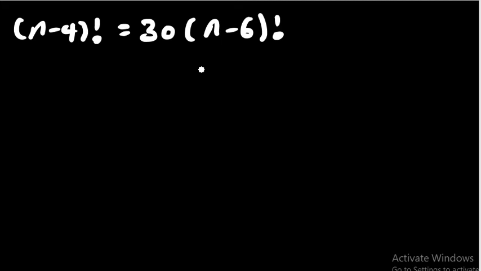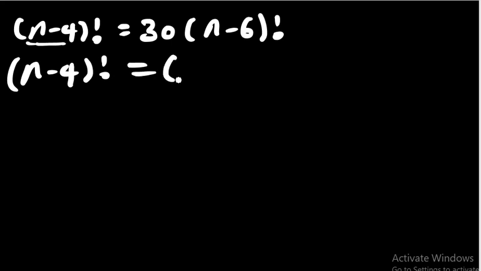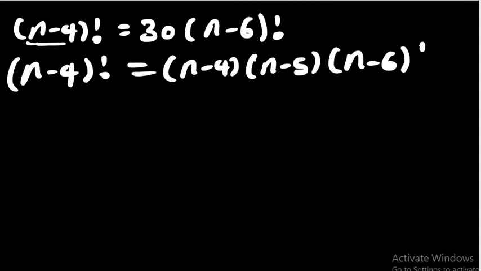At this point, let us expand one of the two factorials, either n minus 4 or n minus 6, but better the larger one. The larger one is n minus 4, obviously. (n minus 4) factorial can be written as (n minus 4) times (n minus 5) times (n minus 6) factorial, because we reduce by 1 each time.